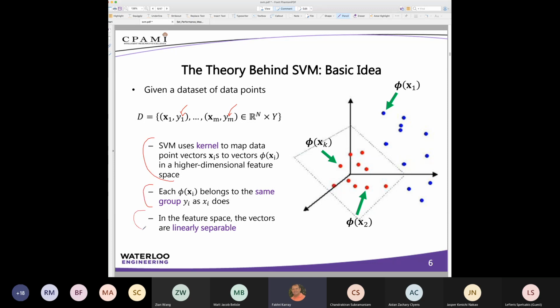So the idea here is we are going to create a system that is originally non-separable, similar to this particular system where data are non-linearly separable.